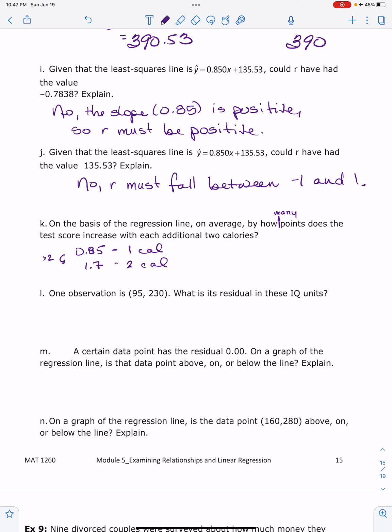And so we would expect a test score increase of 1.7 points for every additional 2 calories.